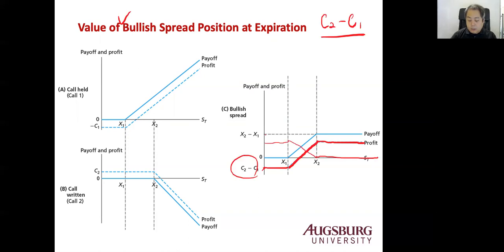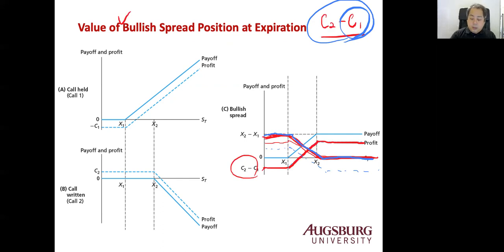The bearish spread is where you buy the call option for the higher exercise price and sell the call option for the lower exercise price.